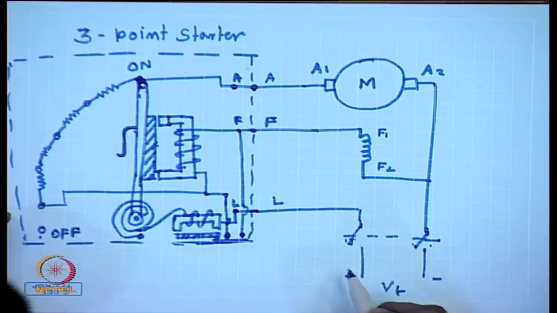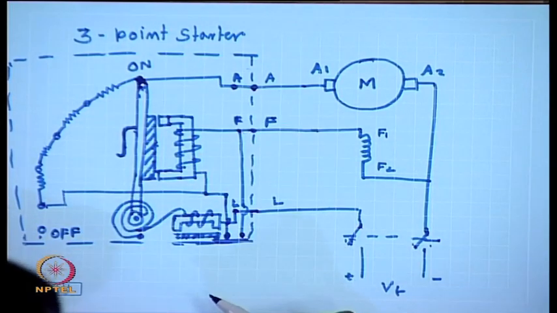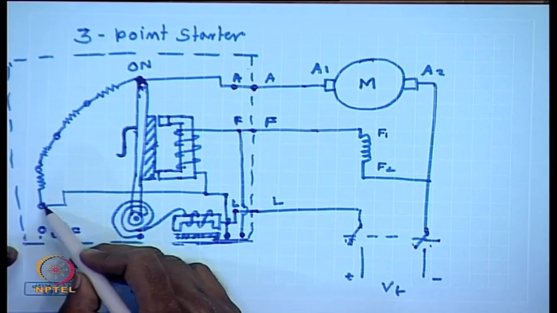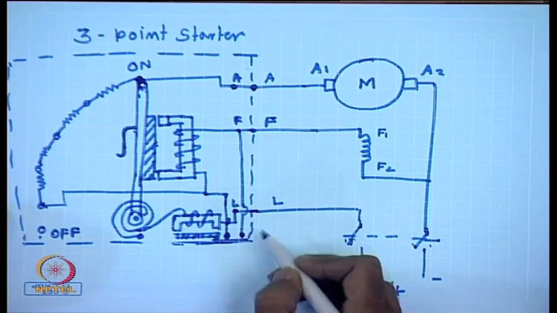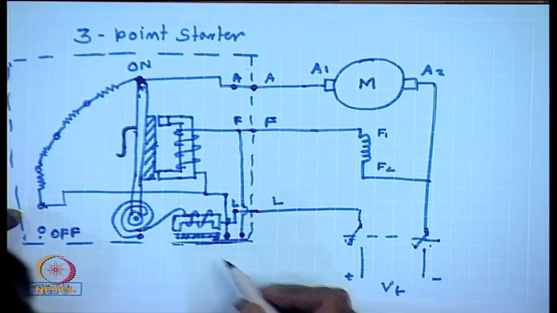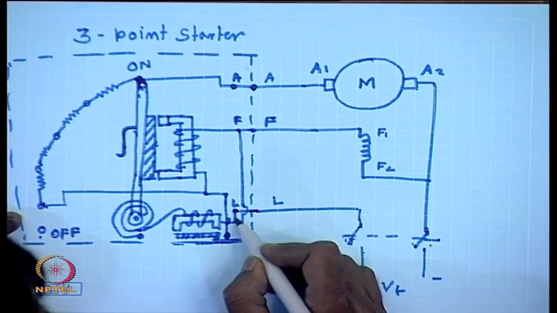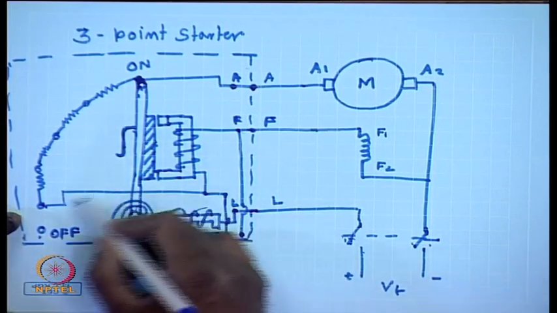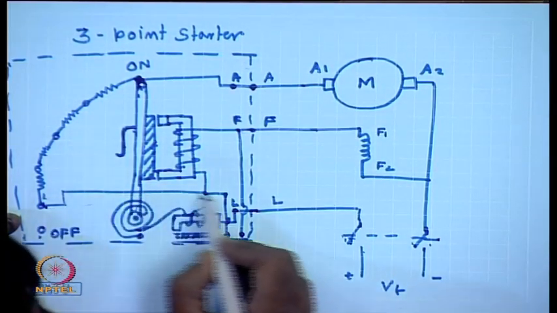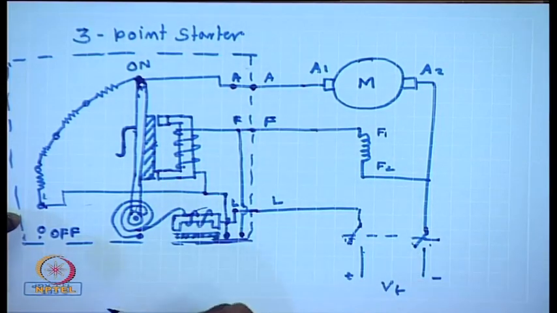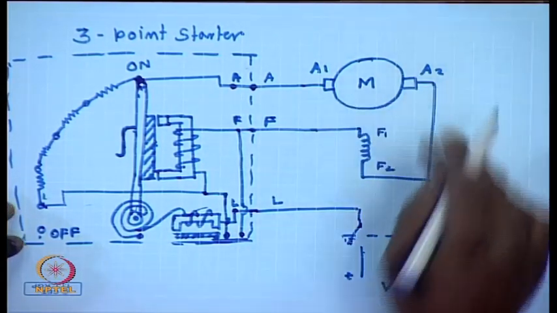When we put this on and move this handle from the off position, the field circuit first gets excited and then the armature also gets its supply. Through this line the armature gets the supply through all these resistances and the field circuit gets a direct supply, and the machine starts accelerating.